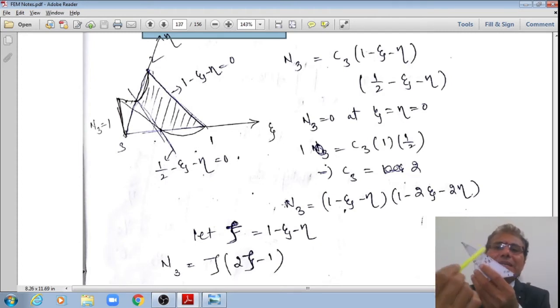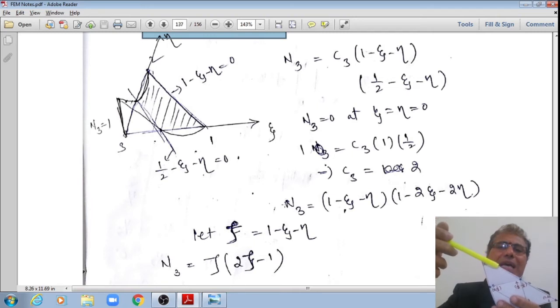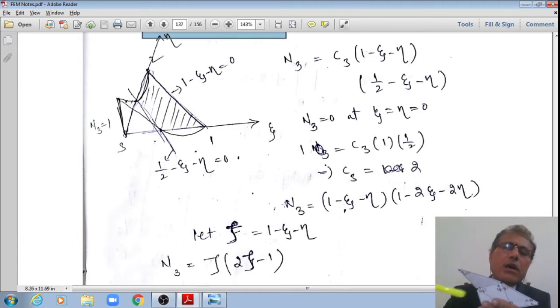Now I'll call the line connecting node 1 and 2 as 1 minus xi minus eta is equal to 0, or alternatively I'll refer to this axis as the zeta axis. This is the local zeta axis. Therefore I can alternatively call it zeta, where zeta is equal to 1 minus xi minus eta, right?